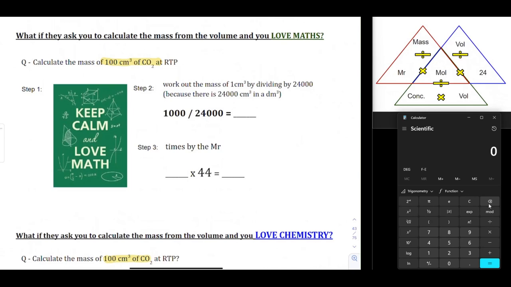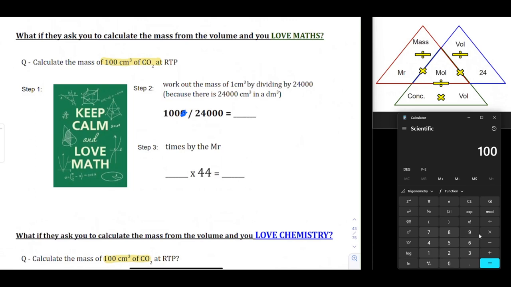So what about if they ask you to calculate the mass from the volume and you absolutely love maths? Then it's relatively straightforward, because you can work out the mass of 1 centimeter cubed by dividing by 24,000. So you've got 100 centimeters cubed of carbon dioxide. So you just do 100 divided by 24,000, because you've got 100 centimeters cubed.